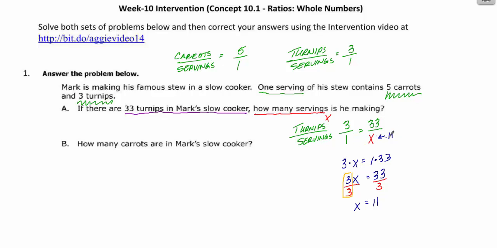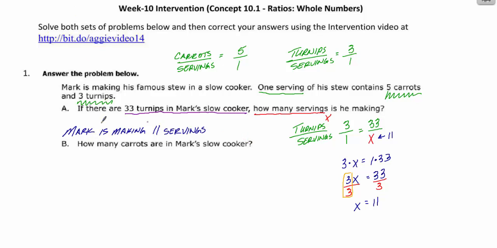It would be 11. So we know that with 33 turnips in the slow cooker, Mark is making 11 servings.